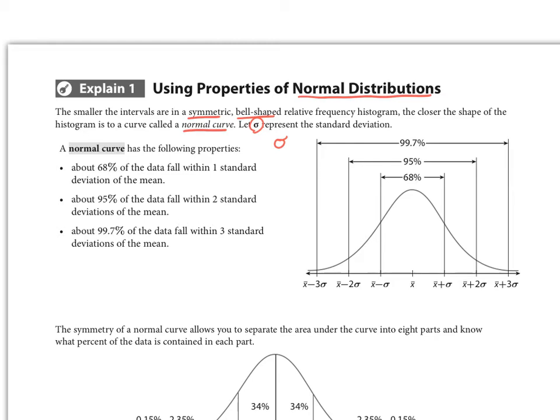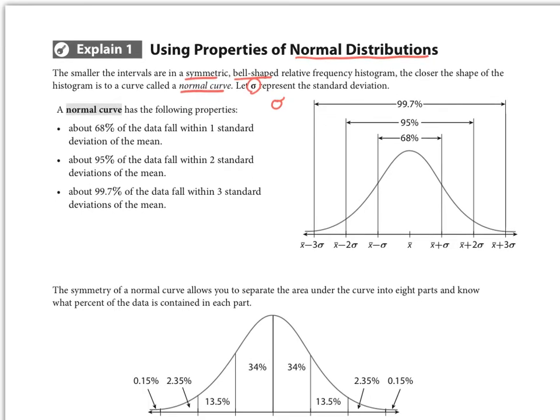This is another way we use that statistic, because within 3 standard deviations we have nearly all of the data: 99.7%. Again, it tells us how spread out the data is, because if 3 standard deviations is a big number, we've got to go pretty far out, and that tells us it's more spread out.